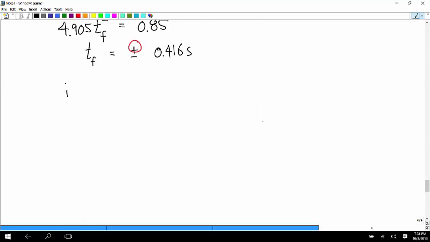And now the answer is the x component of that same equation that we just used. So PFX is equal to PIX plus VIX TF plus 1/2 AX TF squared.